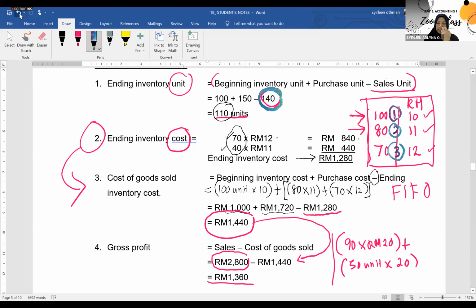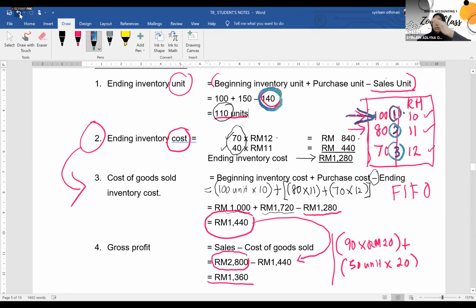So kita nak kira ending inventory tu, kita akan tengok berdasarkan unit yang telah keluar lah. Okay, alright. So now I ada 140. Kalau first in first out, that means dari 140 ni, madam akan ambil batch nombor 1 dulu. So yang ni saya akan ambil dulu. Ini akan keluar dulu. So kita ada 140 item yang dijual.